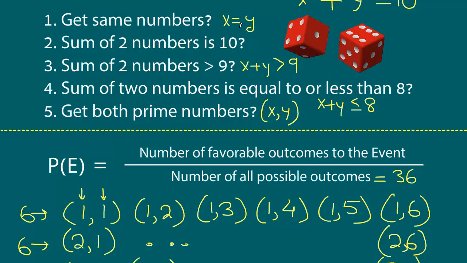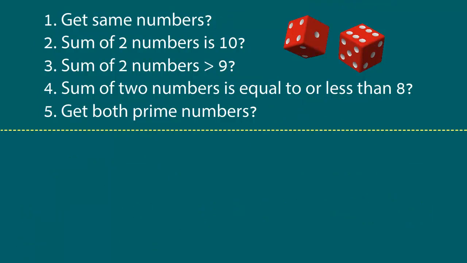Now let's go back and take a look at the second question. Sum of two numbers equals 10. So let's clear this up. Now, so sum of two numbers is 10. So we know total outcomes are 36. So let's say we have the first number, dice 1 is 1 and 1.